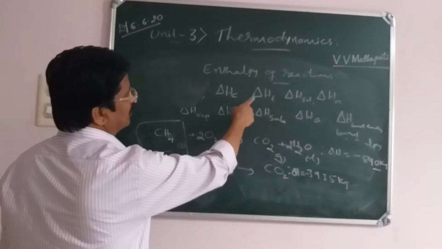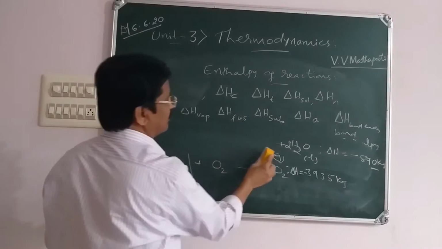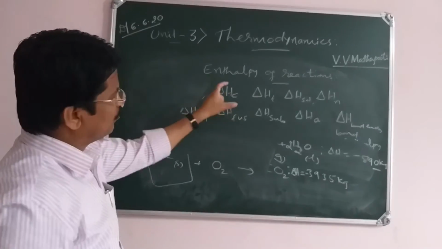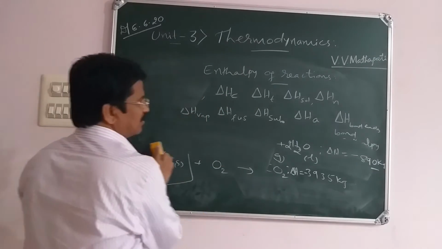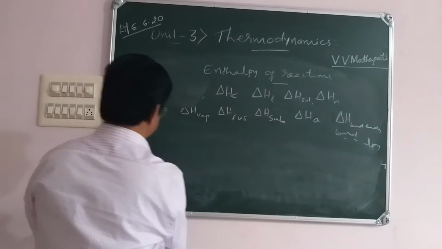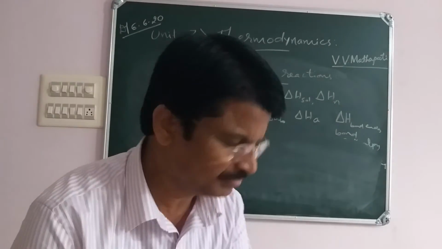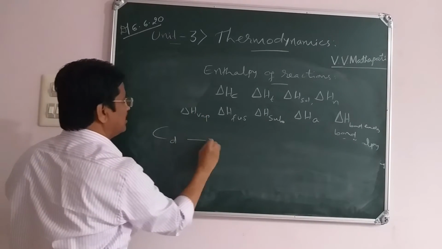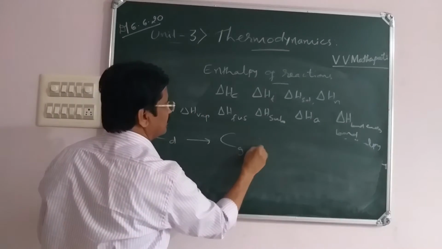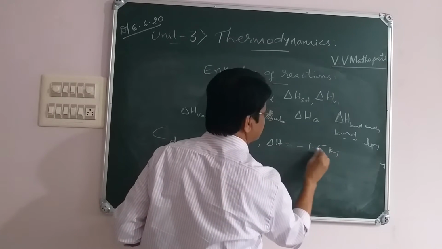Then in case of transition, see what happens, enthalpy of transition. But after telling all these points, we will solve the problems on thermodynamics and thermochemistry. Now, in case of transition, carbon diamond to carbon graphite, delta H equal to minus 1.5 kilojoules.